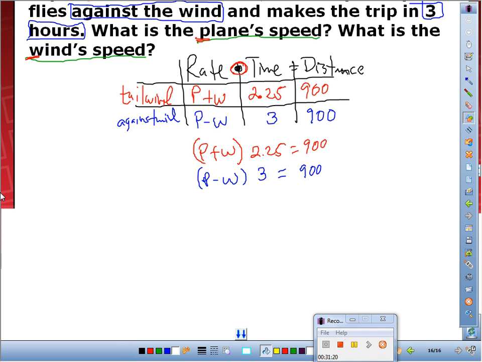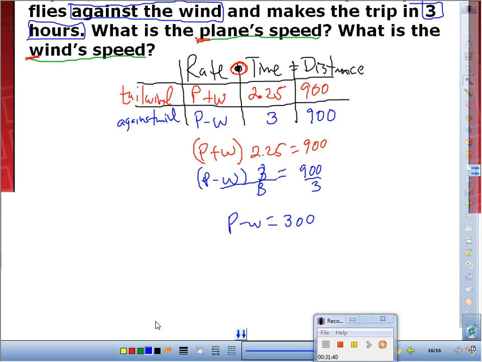So we can either distribute or, check this out, isn't the 3 multiplying? So how do we cancel it? Divide. I'm going to divide by 3, divide by 3. What do I have left? P minus W equals 300. Okay. How about this one?